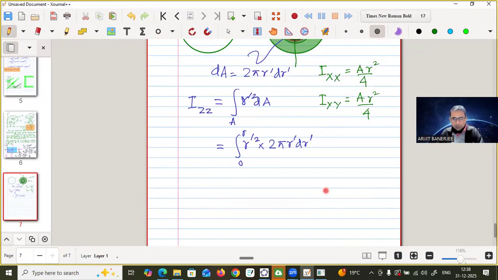So 2 pi r prime square dr prime, 0 to r.